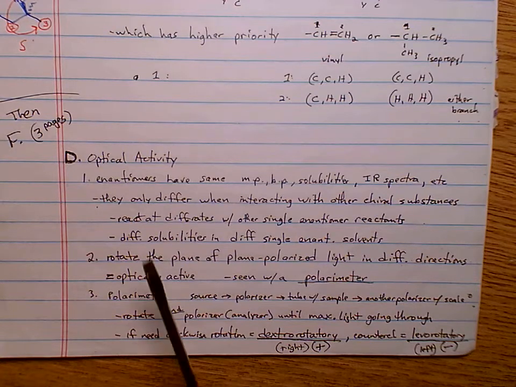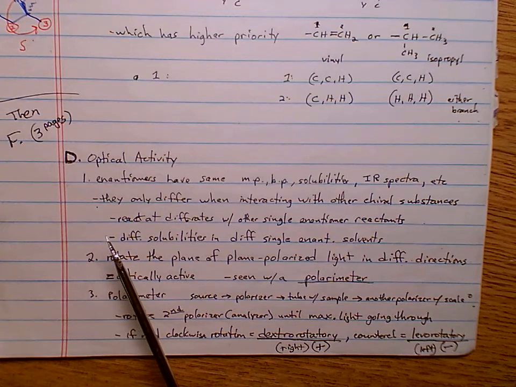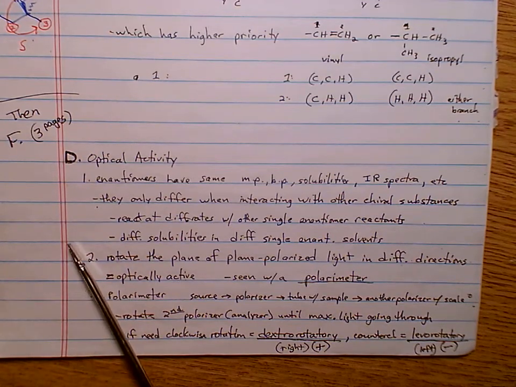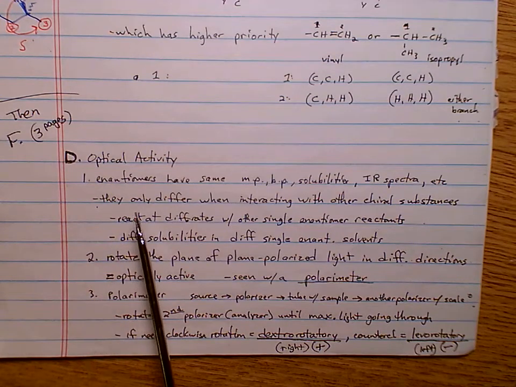So two enantiomers react the same with non-chiral molecules. However, the two different enantiomers react differently with chiral molecules. So that's the first thing: enantiomers react differently with chiral molecules.